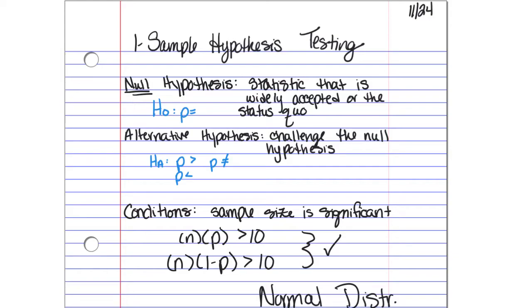So you don't have to have enough evidence to prove one thing to be correct. You just have to be able to supply enough information to show that it's no longer correct or accepted. So we can reject the null hypothesis, or we are failing to reject the null hypothesis.